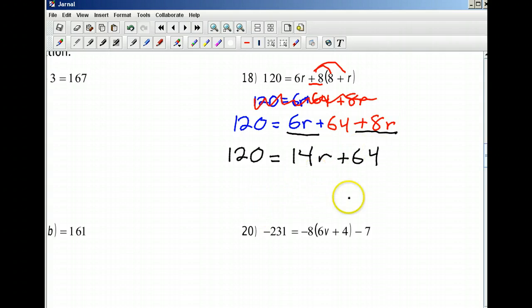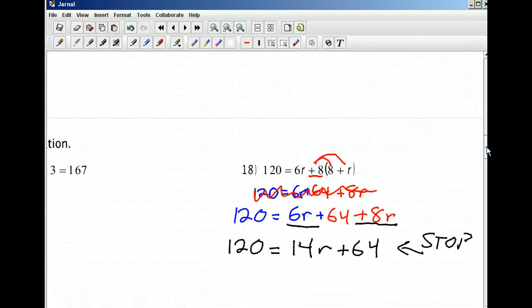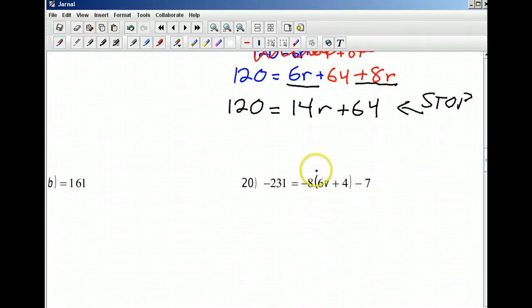Now for all these on the back, I want you to stop right here. Okay. So on all the back problems, I want you to do just the first step, get the equation, and then stop. So for like 20, I want you to do multiply.